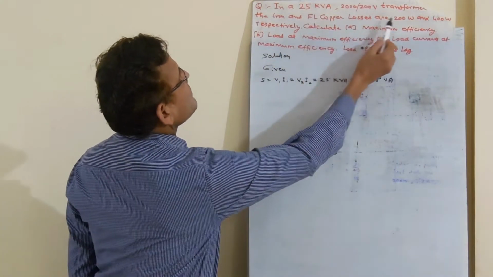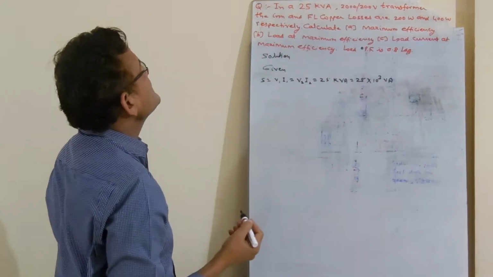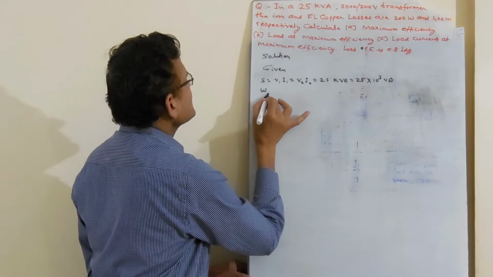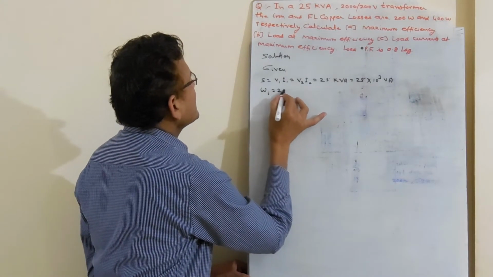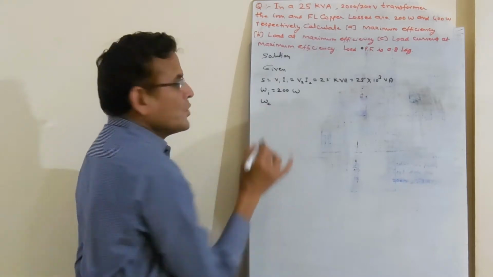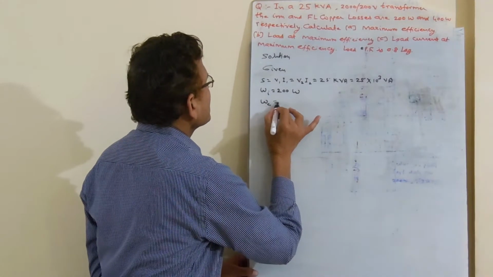Iron and full load copper losses are 200 watt and 400 watt respectively. Means the value of iron loss is 200 watt and the value of full load copper loss is 400 watt.